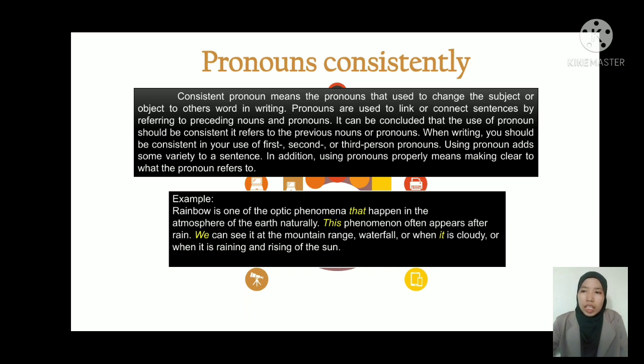So the word that is a relative pronoun which refers to rainbow, and the words this and it in the second sentence also refer to rainbow.